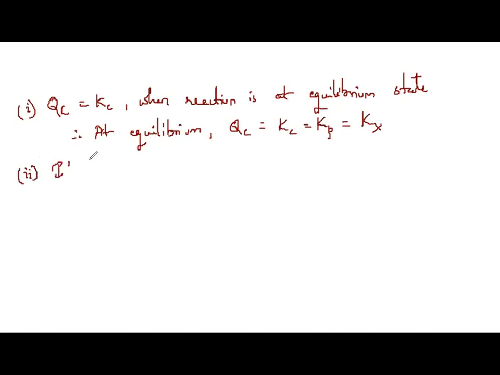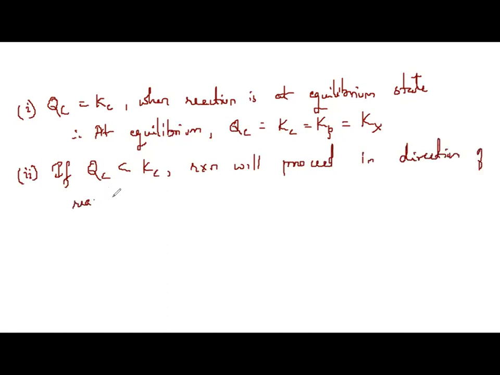Second point, if I say Qc is less than Kc, what does that mean? It means the reaction will proceed in the direction of reactants. Because Qc is less than Kc, it will proceed in the direction of the reactants.